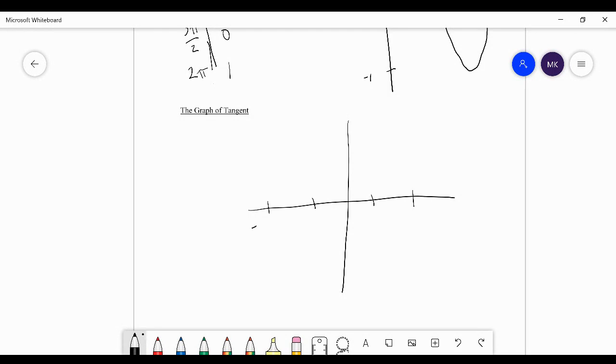So we'll have negative 3 pi over 2, negative pi over 2, which means negative pi is right here. We'll have pi over 2 and another lovely 3 pi over 2.